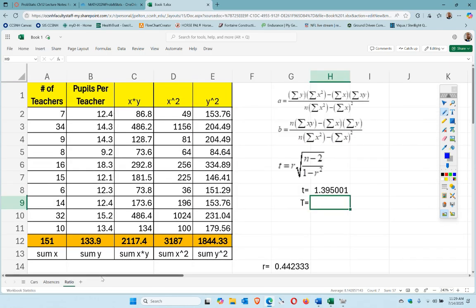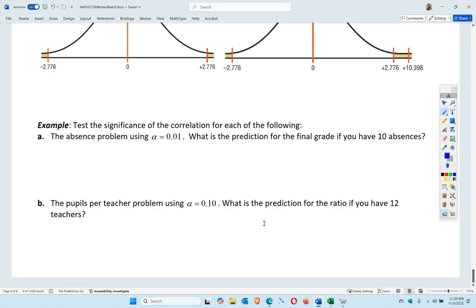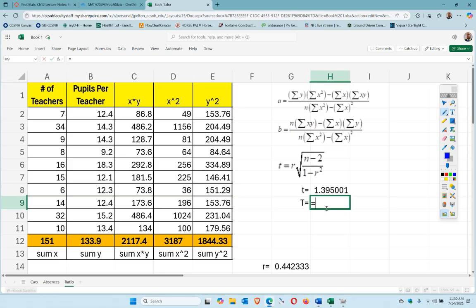All right, let's go to the last one, the pupil-teacher ratio, right? And the question says to do for 10 alpha, that's fine. Okay, so equals t.inverse 2-tail. So we're going to do 10, right? Comma, what's n? 1, 2, 3, 4, 5, 6, 7, 8, 9, 10.